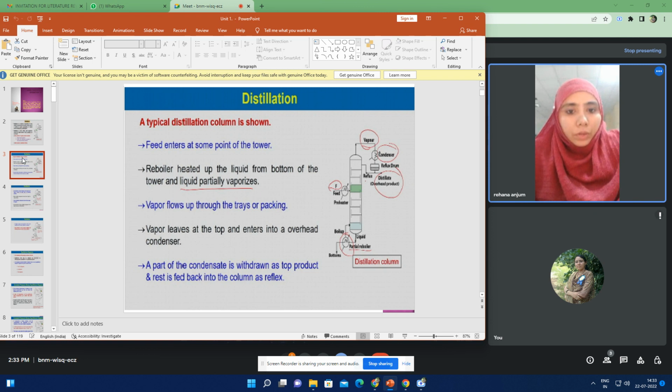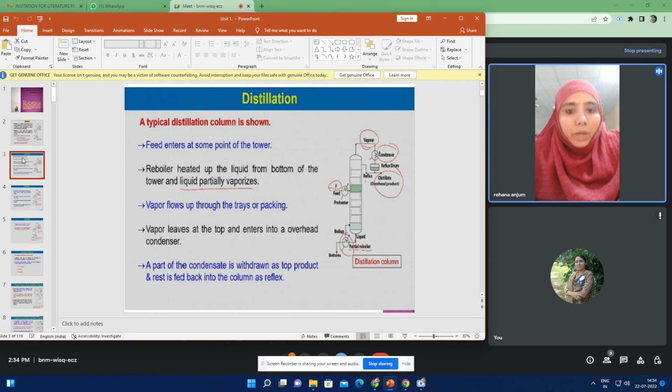the reboiler heats up the liquid from the bottom of the tower, and the liquid is partially vaporized. So we have a reboiler here, which is shown over here, that is a partial reboiler, and it boils up the liquid and the boil-up returns back to the column. Then the less volatile components come out as bottom.